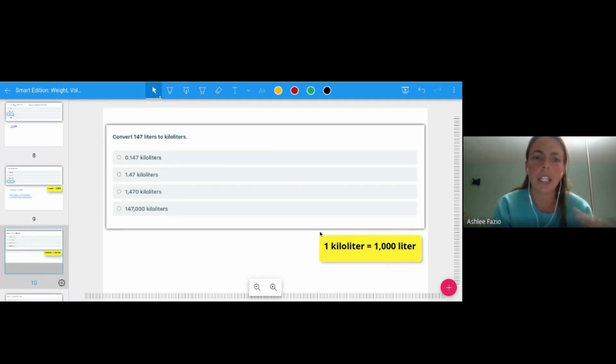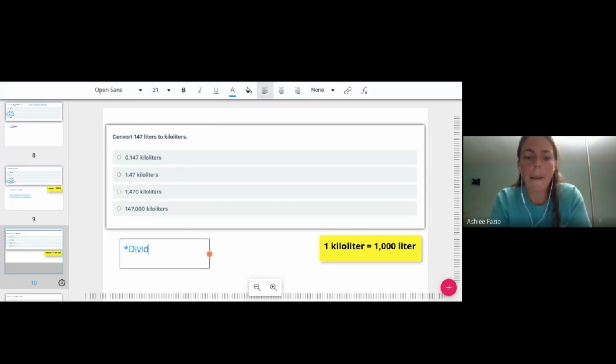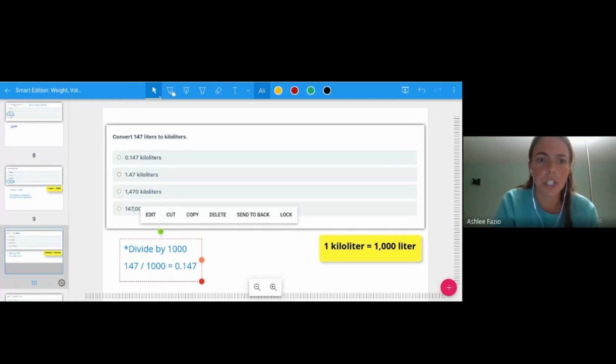Basically here, we just have to divide by 1,000. That'll be the way to flip this conversion to be helpful. So I'll write that down as one strategy. I'm just going to plug in 147 divided by 1,000, and I get 0.147.